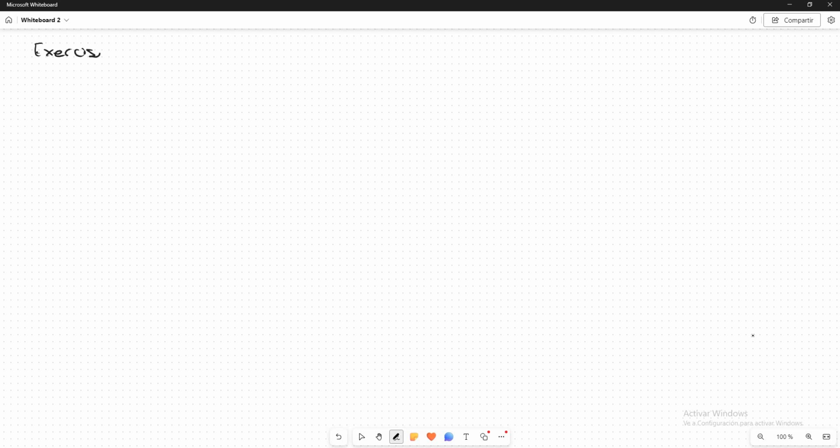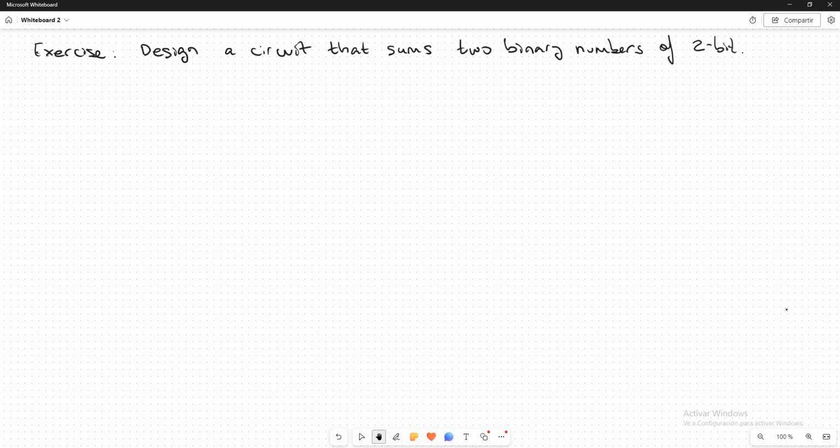Exercise: design a circuit that sums two binary numbers of 2 bits. Okay, this is the natural language specification.